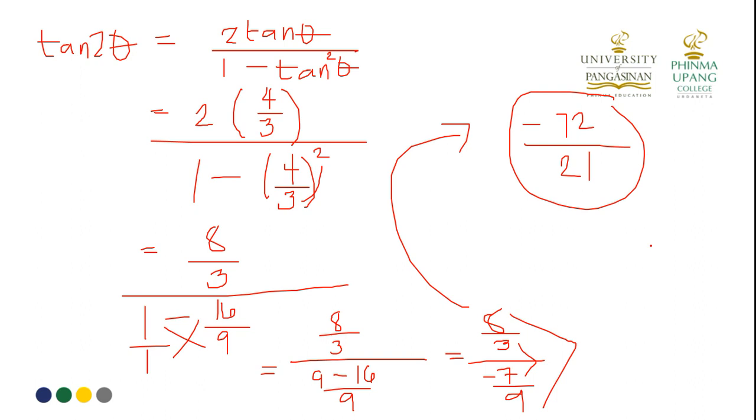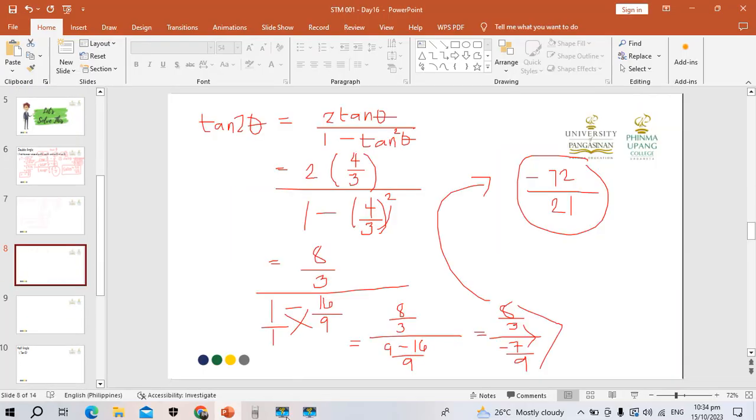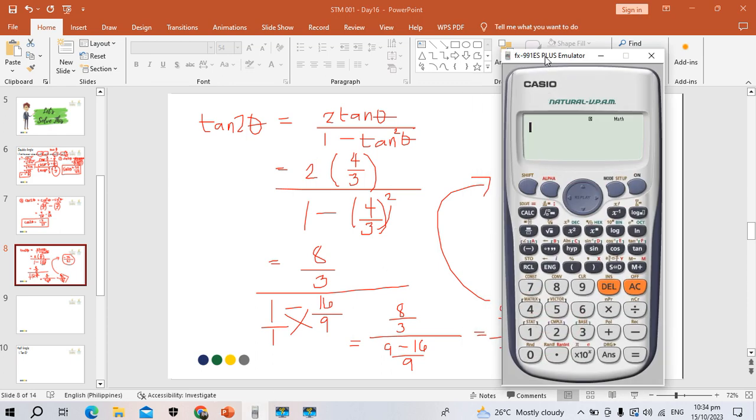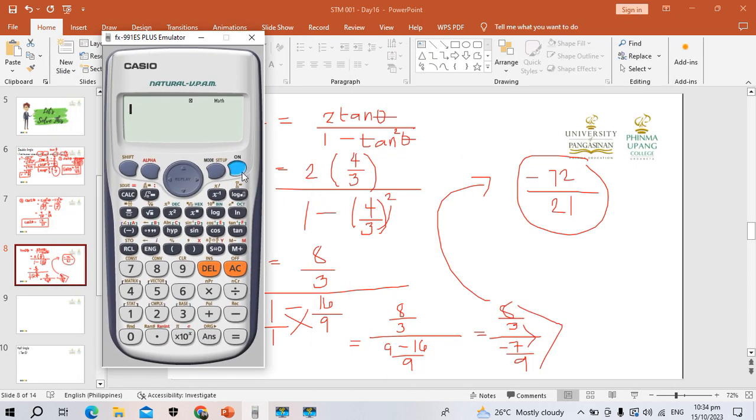Okay? So, try natin. Let's solve this. Check natin yung sagot natin kung tama. So this is 8 all over 3 divided by negative 7 all over 9. Oh, negative 24 all over 7. So we can simplify 72 all over 21.